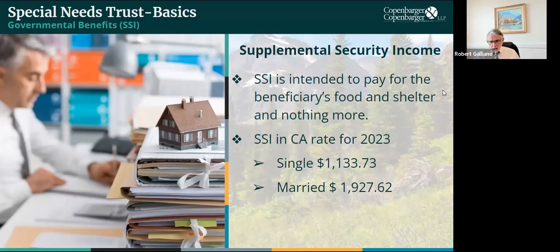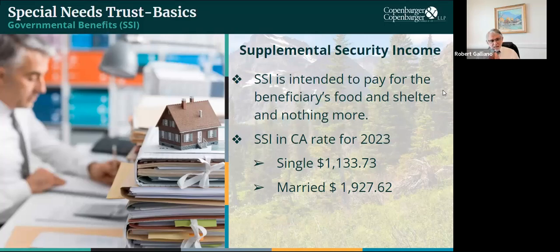Now, SSI in California for 2023, if you look at the number that I have on the screen for a single person, $1,133.73. Well, wait a minute. On the previous slide, you had $914. What's the difference?